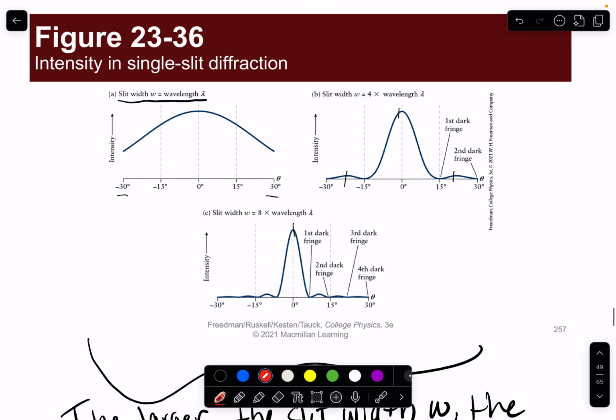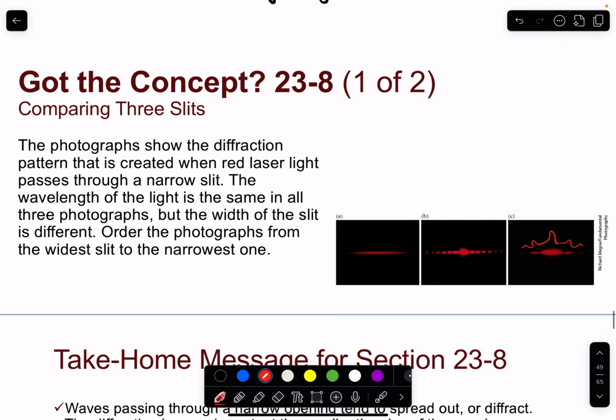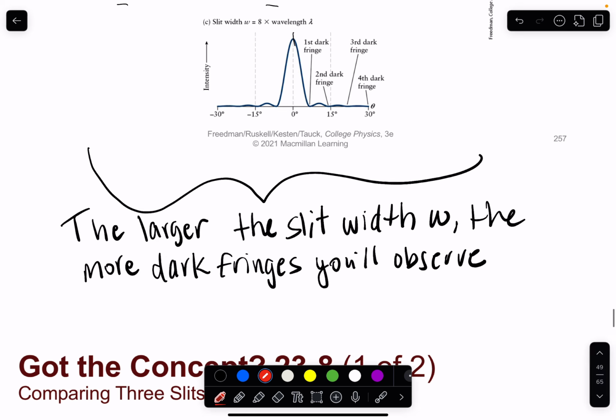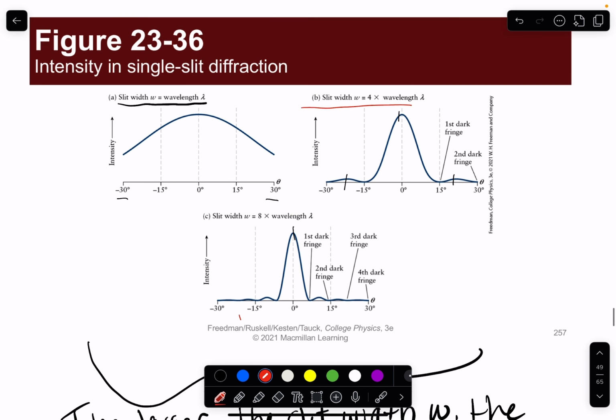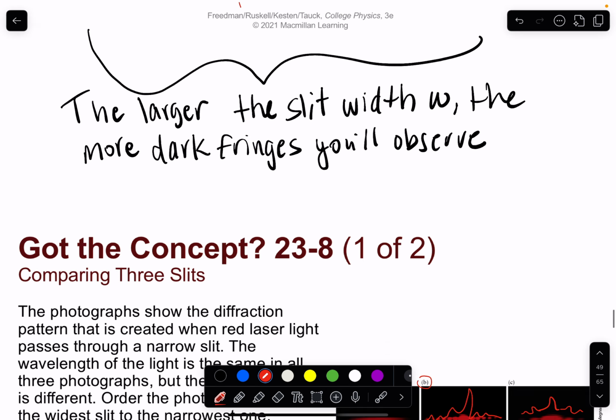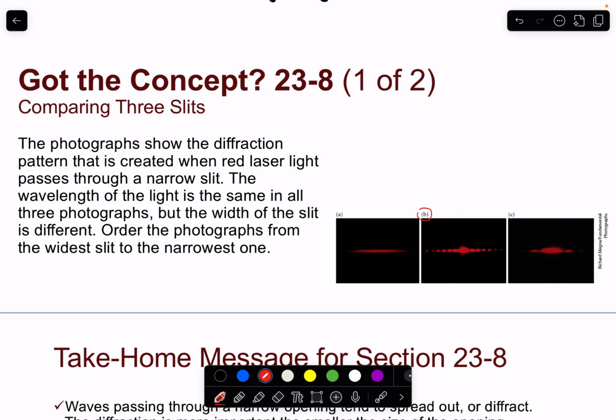So that one may be more like B. And then this B on this side has several, which would look more like C. Okay, so that's how this 2D graph is interpreted in the actual screen photo of the diffraction pattern.